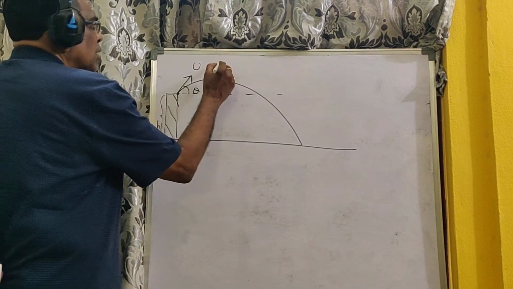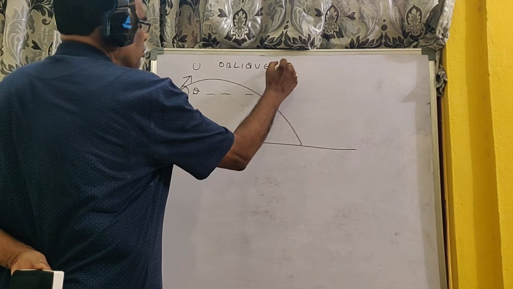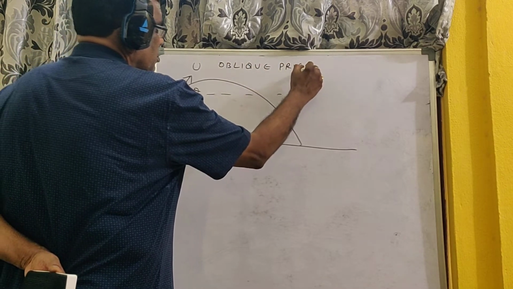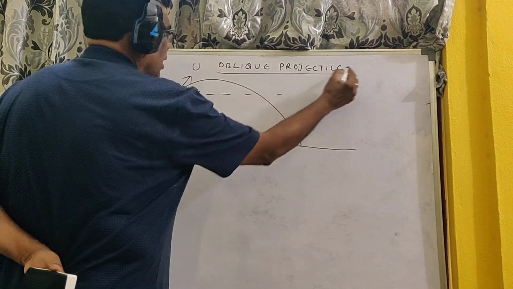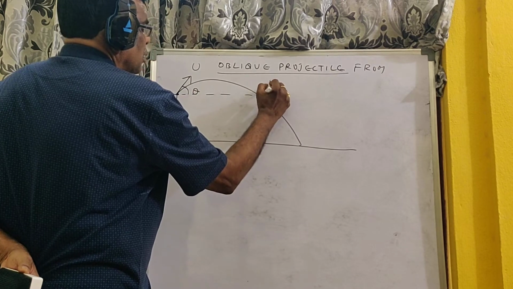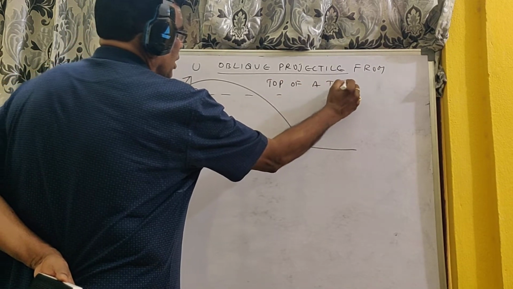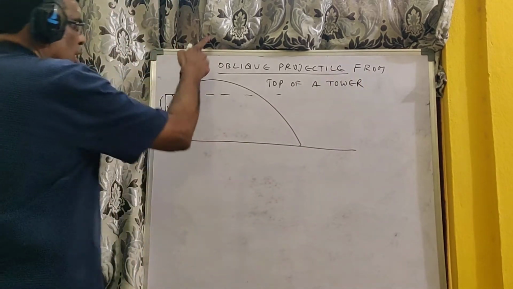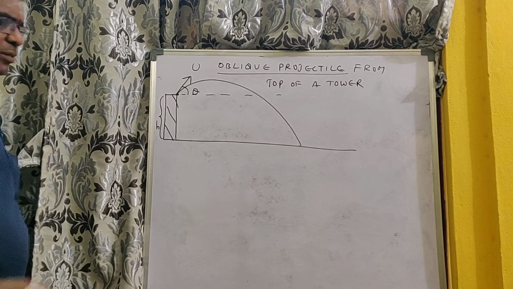Now I deviate from the symmetric case to an oblique projectile from the top of a tower. I had an inclined but upward projection.